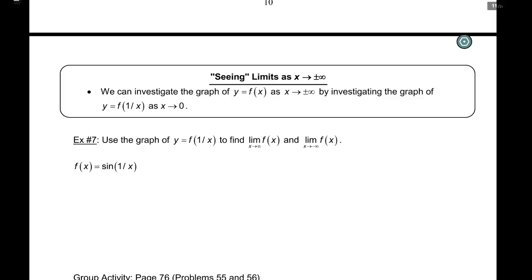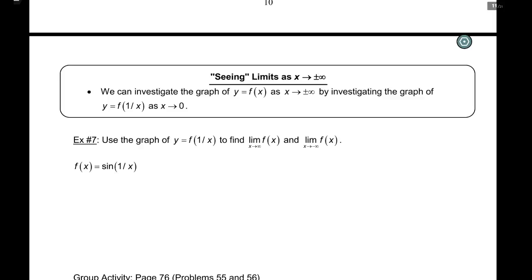So approaching infinity and approaching 0 from the right will give us the same results if you take the reciprocal. And what are these both equal?